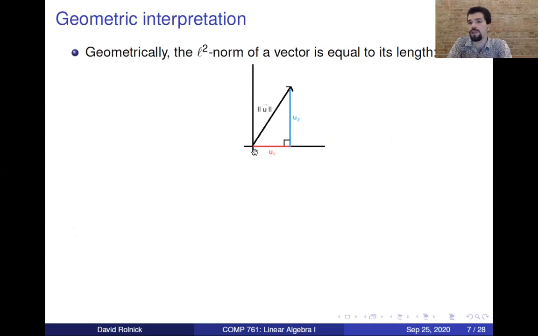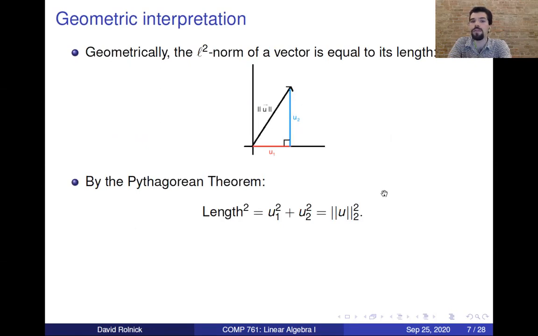In 2 dimensions, this is what it looks like. If you have a vector u with components u1 and u2, then by the Pythagorean theorem, the length squared is equal to the sum of the squares of the legs of the triangle. But those are just the entries of the vector. So if the vector is u1, u2, then the square of its L2 norm is going to be the square of its length. So the L2 norm is equal to the length.